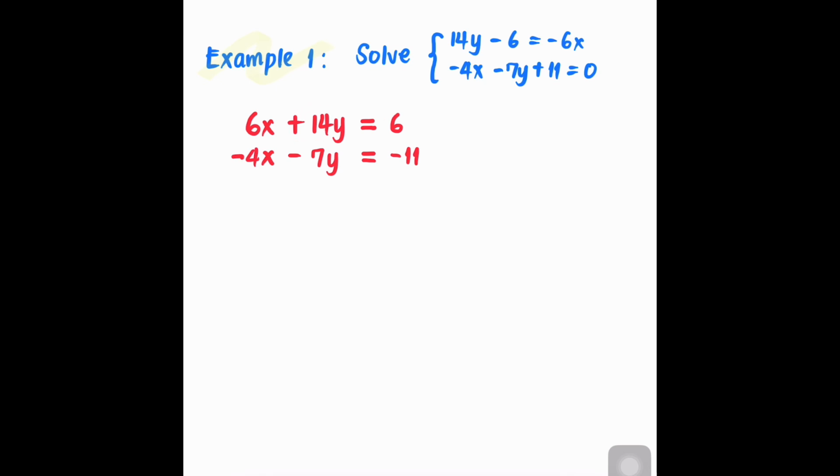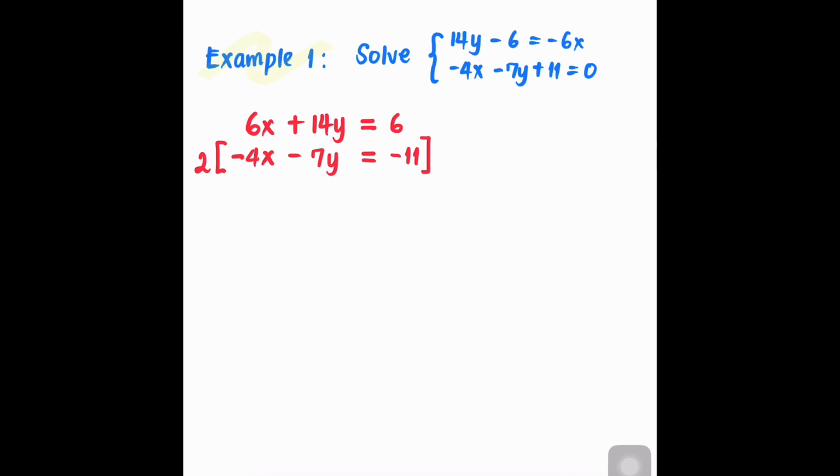Now, in order for the y variable to be eliminated, the second equation must have negative 14, because positive 14 plus negative 14, you'll get 0, and the y variable will then be eliminated. So in order for me to do that, I need to multiply the second equation by positive 2.